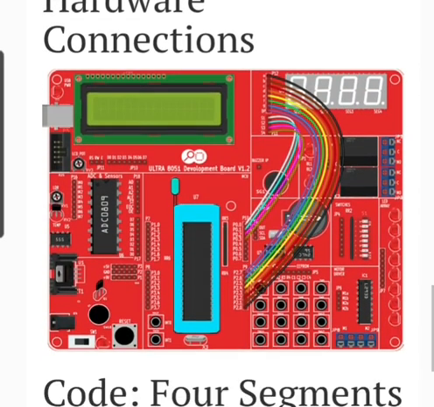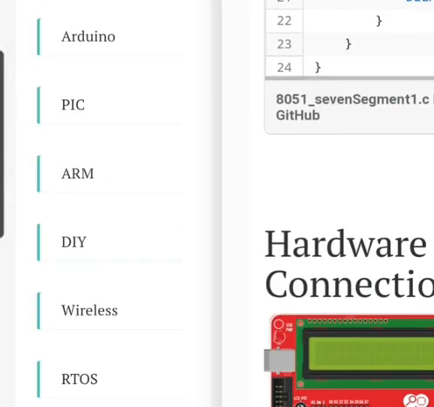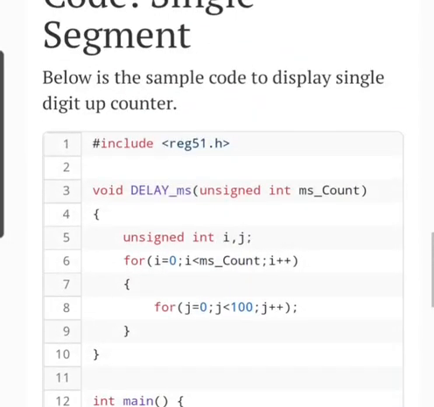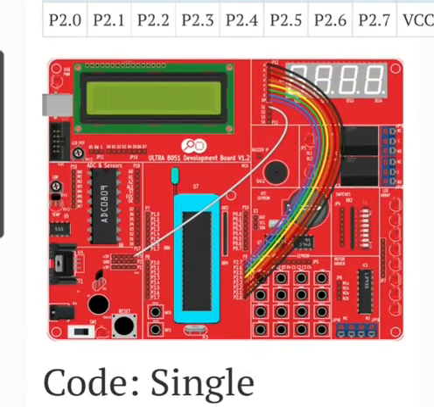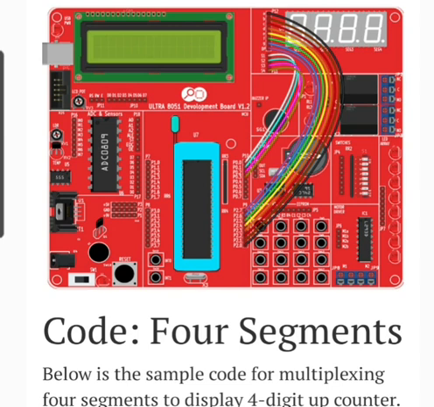Next is again the hardware connection for the 4 segments. Here is the one for the single segment and here is the one for the 4 segments. Now we have to write the sample code for multiplexing.